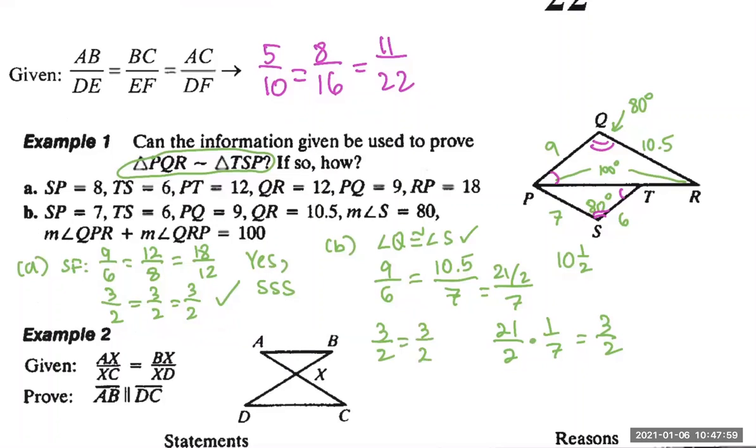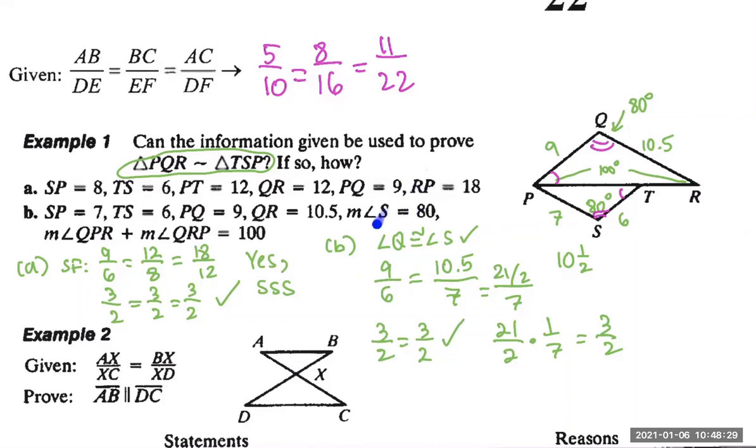Okay, can you type into the chat, yes or no, are these two triangles similar based off of what you see, and why? If they are, what's the reason for these two triangles being similar? Okay, you said the angles were congruent.